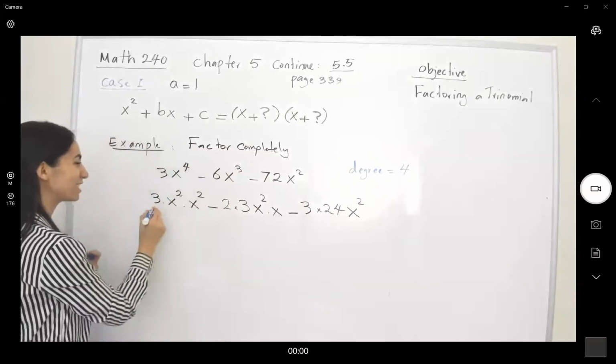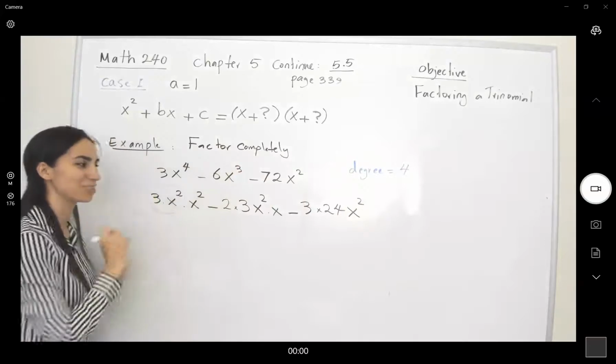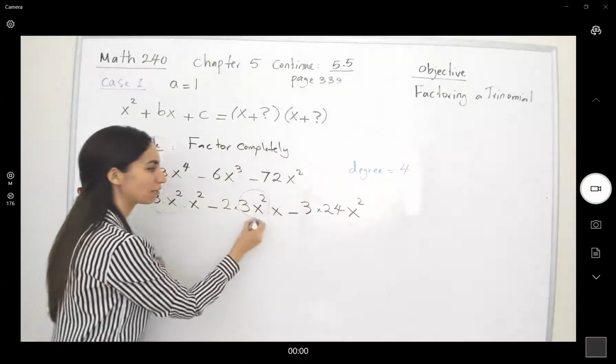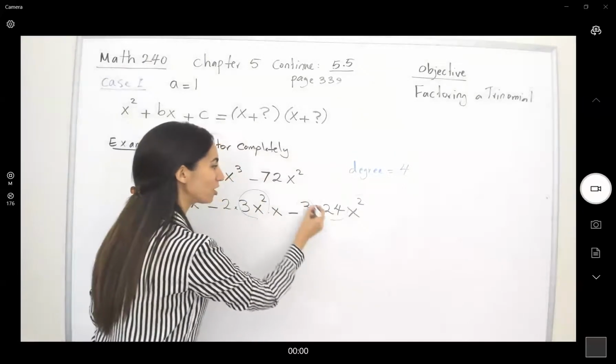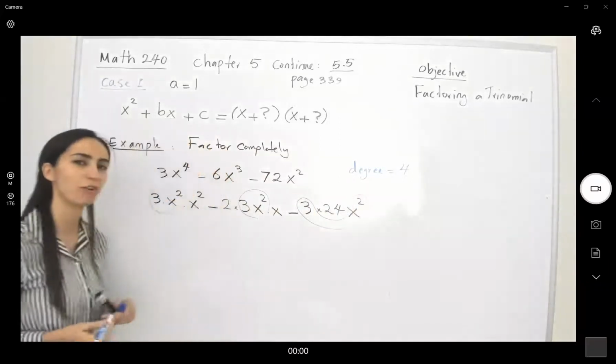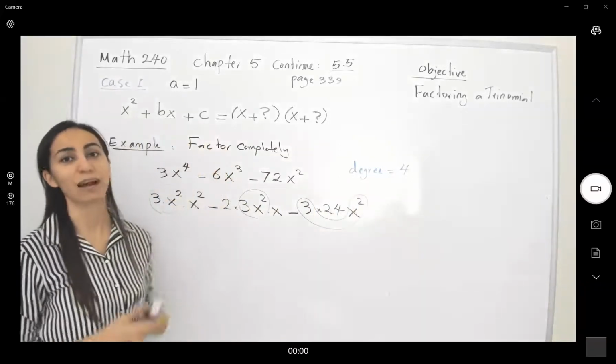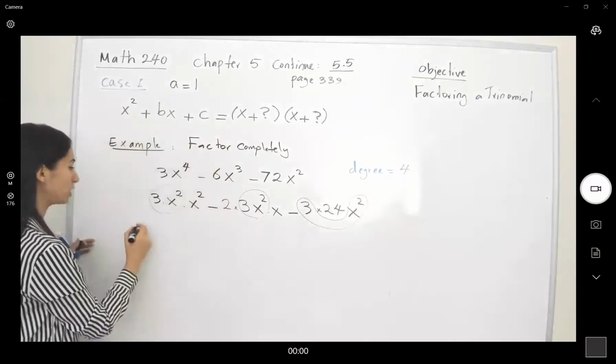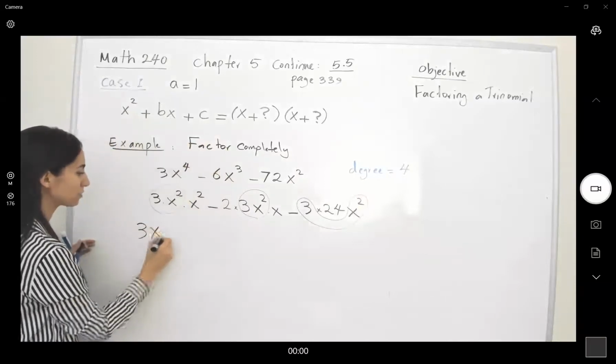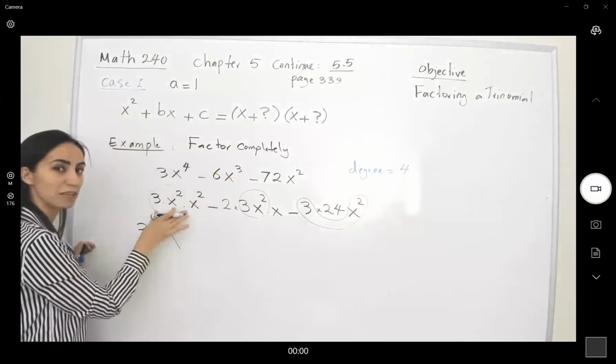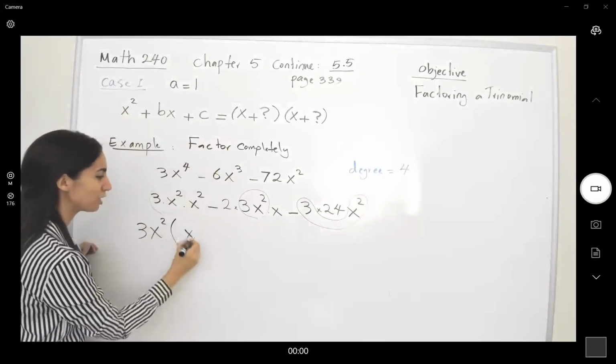As you guessed correctly, 3x squared is going to be the greatest common factor between all of these addends. So we're going to factor out 3x squared. We're going to write it outside parentheses. If I factor out 3x squared, I am left with x squared here.